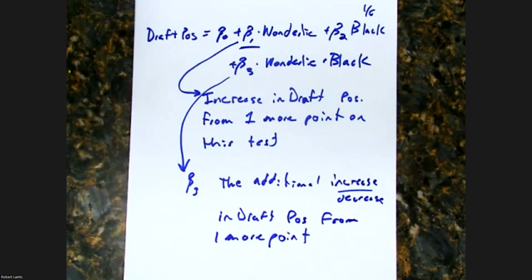If we have anything that we can say is different from 0 here, I don't want to say it's necessarily, it might be evidence. We don't have all the control variables in here yet, but it could be evidence of discrimination, or at the very least, these two groups are being treated differently. They're being evaluated based on where we see them being drafted. If we think that draft position is a reflection of where the teams value these players, then whether or not they're black and that interaction with performance on the test shouldn't impact one group more than the other.